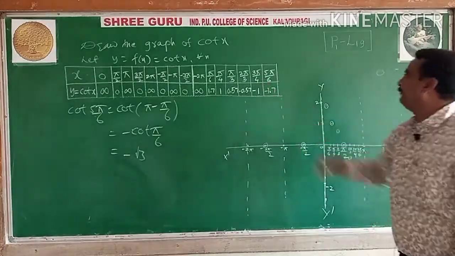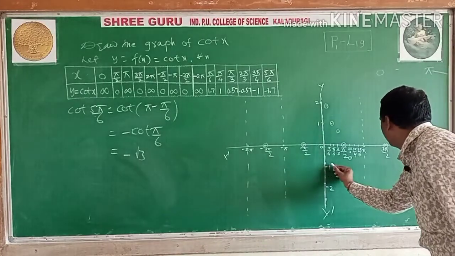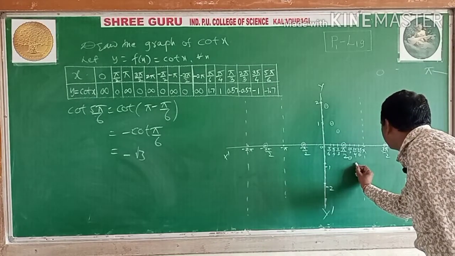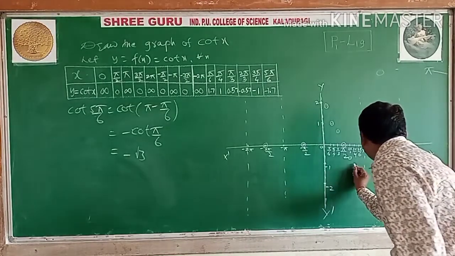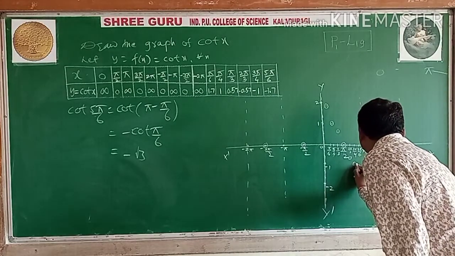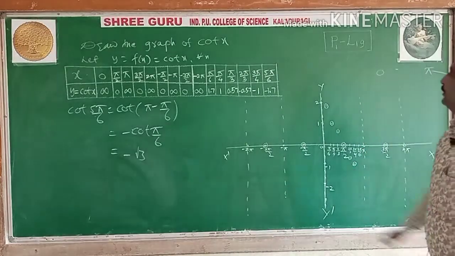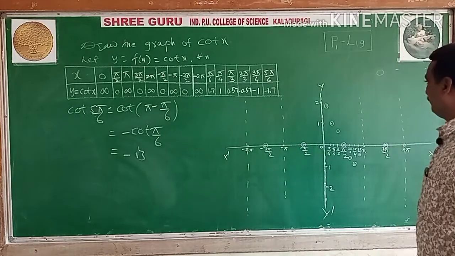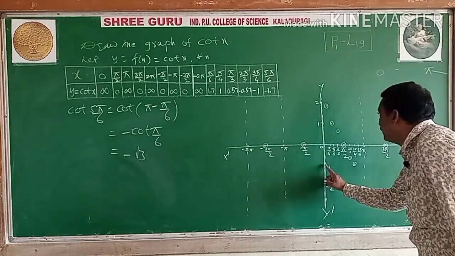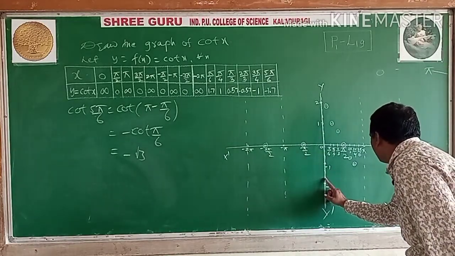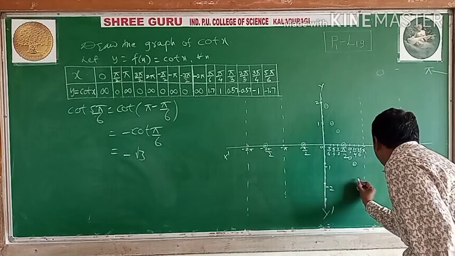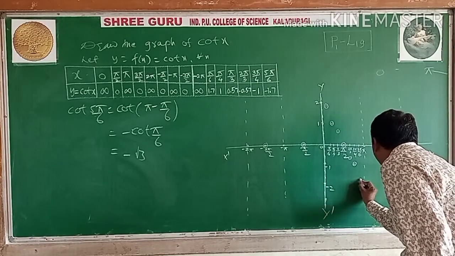Next 3 pi by 4, minus 1 it is. Next 5 pi by 6, minus 1.7, near to 2 it is.